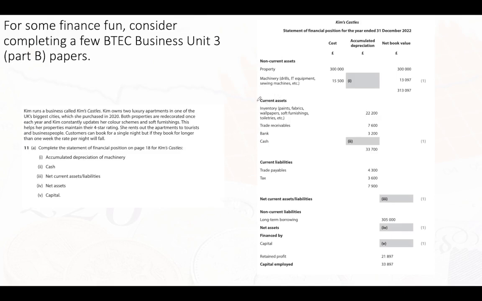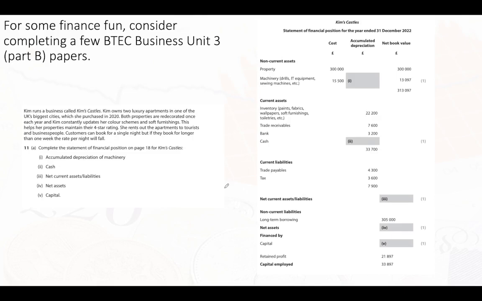Also, things like revising current assets, well, it's in this financial statement. So in some ways, you're revising current liabilities and non-current and stuff like that. And then you're doing the calculations as well. Great revision activity. And you're using stuff from a case study and over here as well.